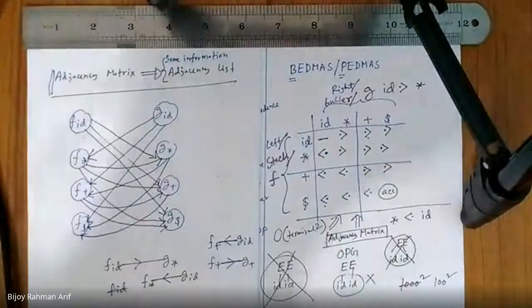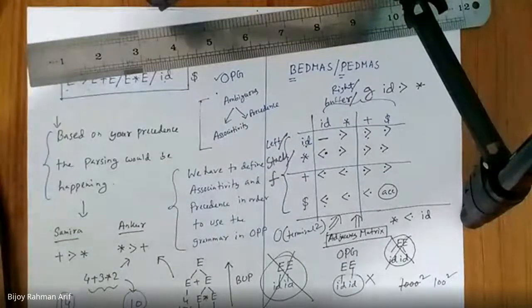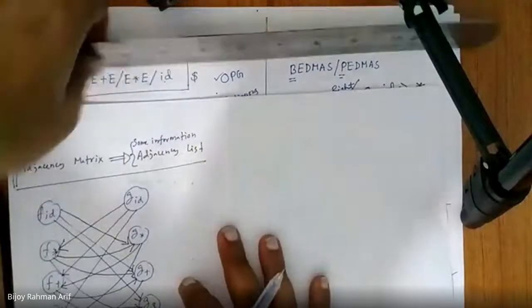Now what we are going to do using this graph is try to find out the longest common path.